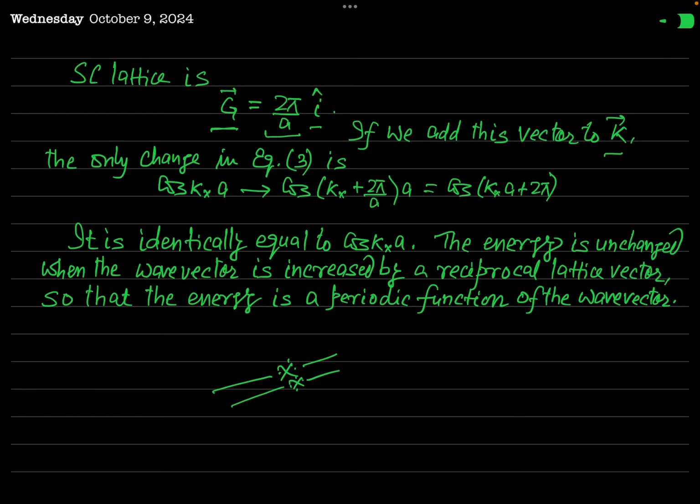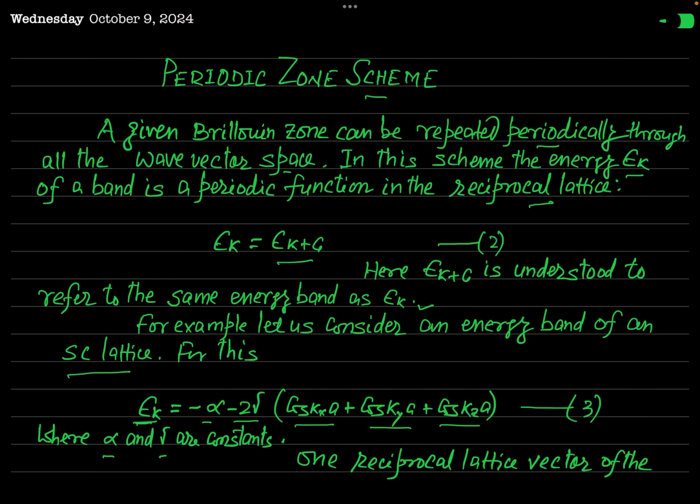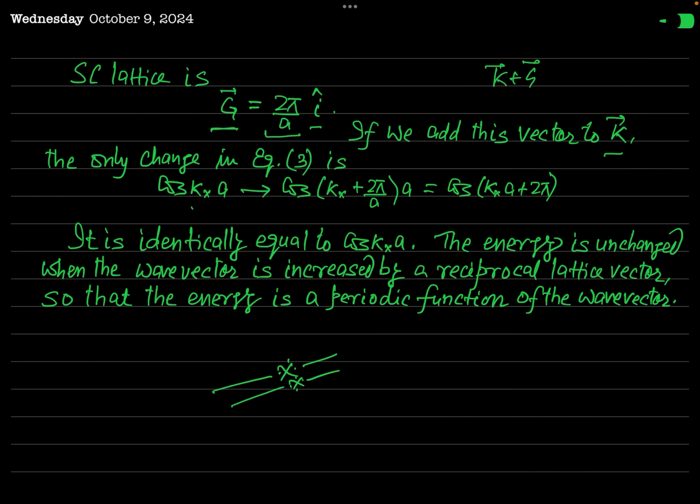Okay. So if we add this vector to k, the only change in equation 3 will be what? If you add this g to k, it means k is replaced by k plus g. Then what will be the effect on this epsilon k? Now you can see. Actually adding g to k will change the values of kx, ky and kz by 2 pi by a. So in this condition, this cos kxa will now become cos of kx plus 2 pi over a times a, and this is cos of kxa plus 2 pi.